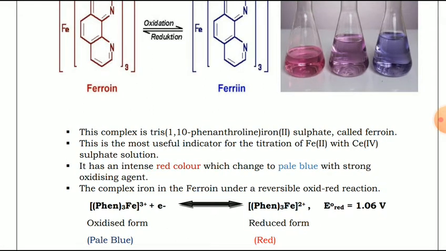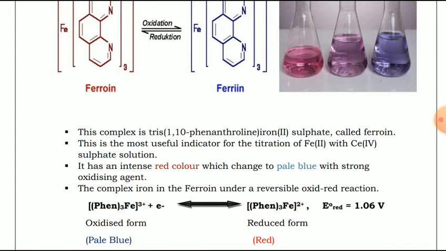See, phenanthroline, that will be 3 times, Fe3 plus plus 1 electron, which gives phenanthroline Fe2 plus. Its standard reduction potential is equal to 1.06 volt. When it is present in the oxidized form, it will show pale blue, and when it is present in the reduced form, it will show a red color.